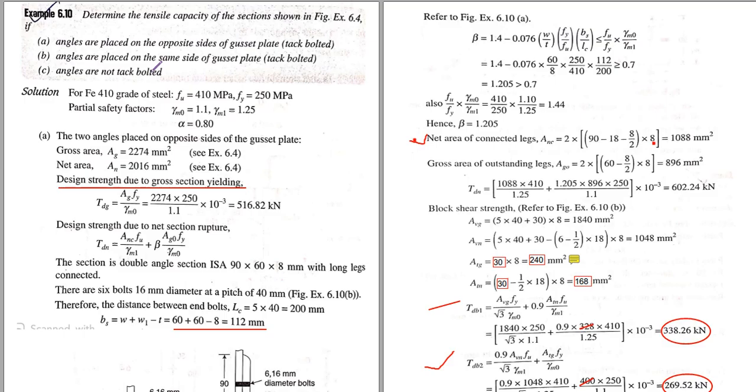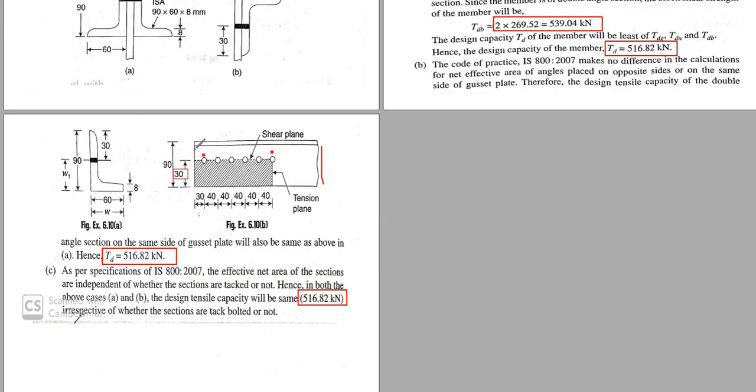So it does not contribute any strength to the connection, so it is already omitted. Whether we provide the tack bolting or not, the case will be the same. So for the three cases the strength will be the same.